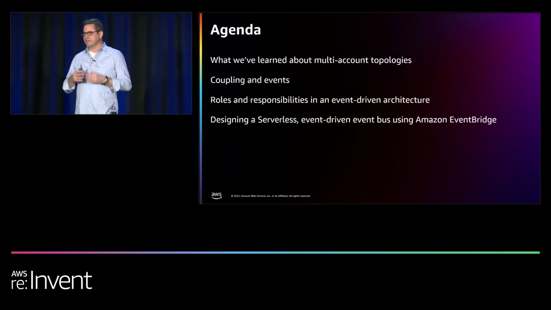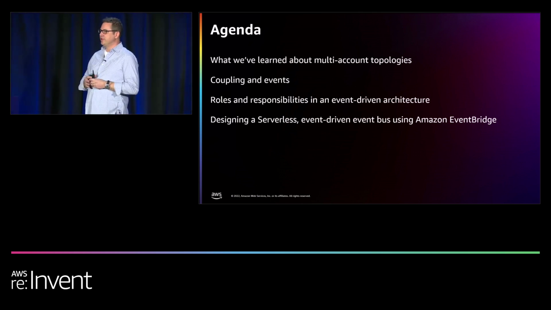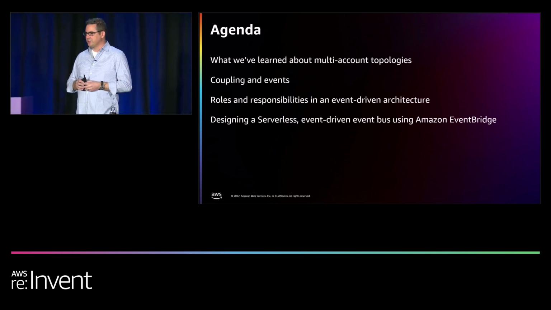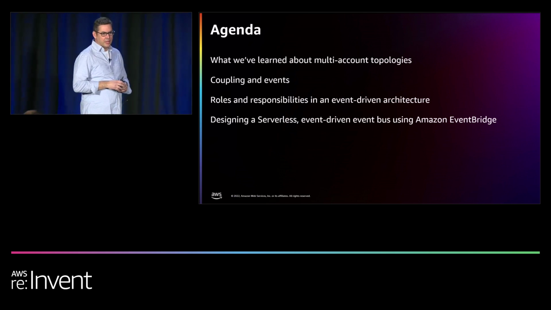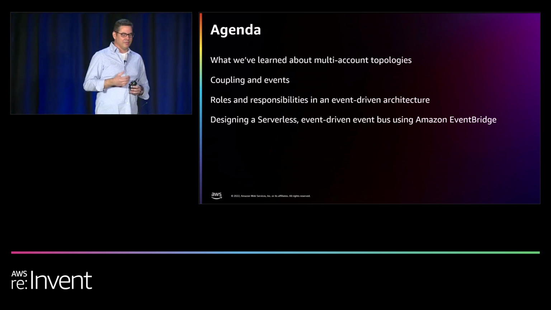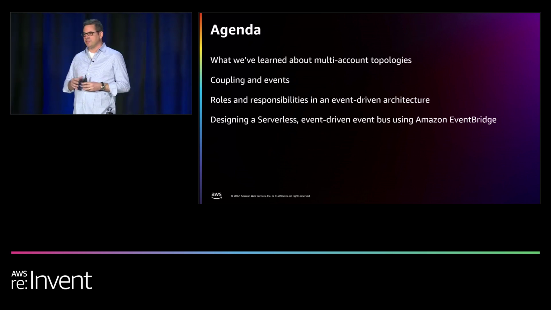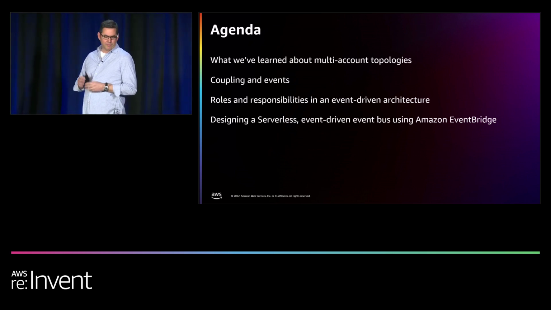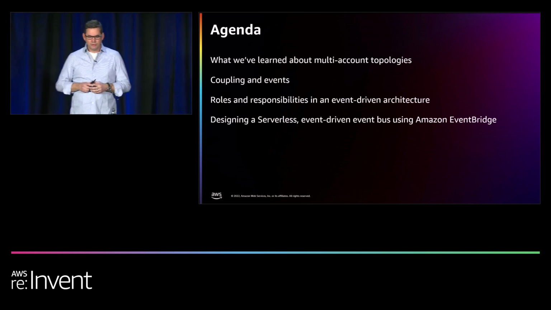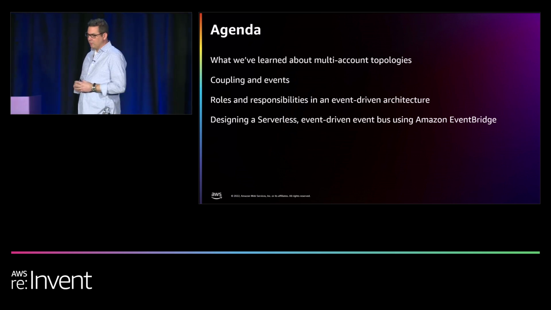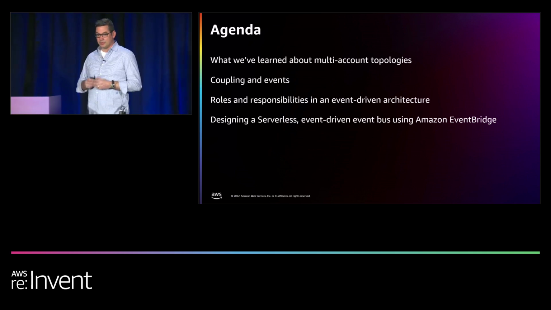It means understanding how to use the right events for the architecture at hand. It also means understanding the roles and responsibilities that producers and consumers have and how that relates to EventBridge. And finally, I want to share with you some of the thoughts that I think are important when you consider using EventBridge and designing for a serverless integration using EventBridge.